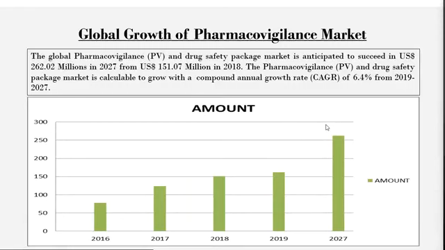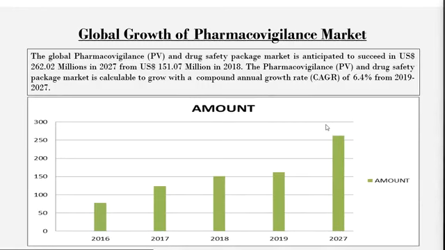Looking at a simple diagram here, how the growth is moving, the global growth of the pharmacovigilance market. Anybody can just have a look at the graph and understand how it is moving from 2016, 17, 18, 19, 20, and how it is expected to grow by 2027. There are some figures and numericals here, and everyone is good at math.